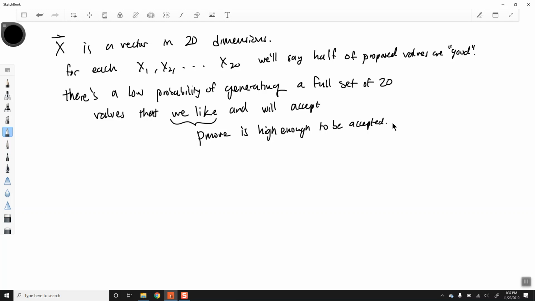All right, and so what we're going to do is use something called the Gibbs sampler. The Gibbs sampler says we're going to break apart a high dimensional PDF into a whole bunch of univariate PDFs.